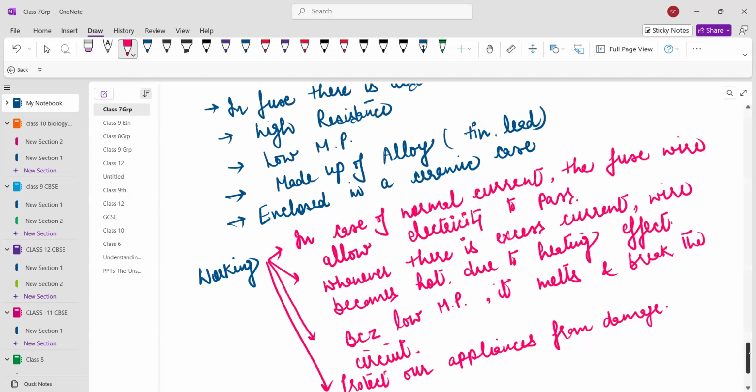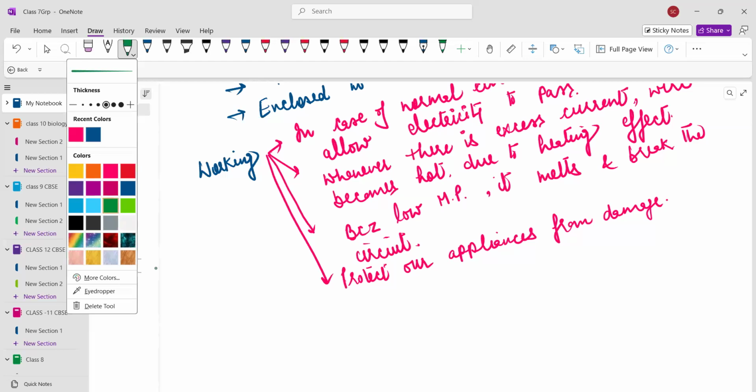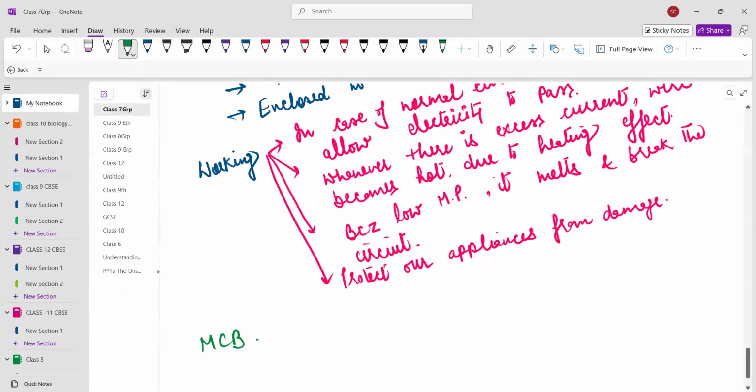What is fuse and how does it work? Yes, Nishika. Basically, fuse releases energy. Fuse generates energy through combustion.